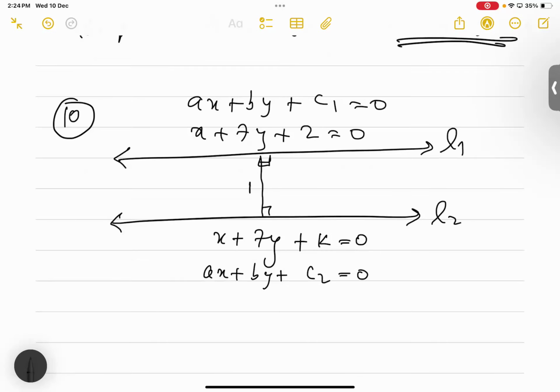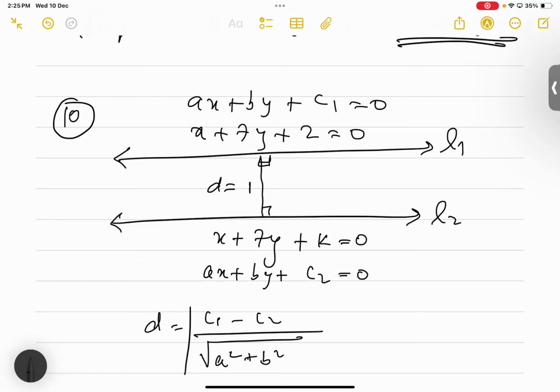Let c2 be k. So what is d? c1 minus c2 upon root of a square plus b square. d is 1. So 2 minus k upon root of 1 square plus 7 square.